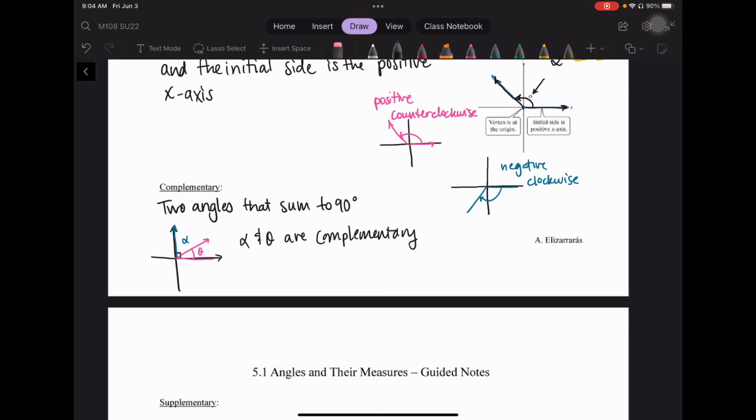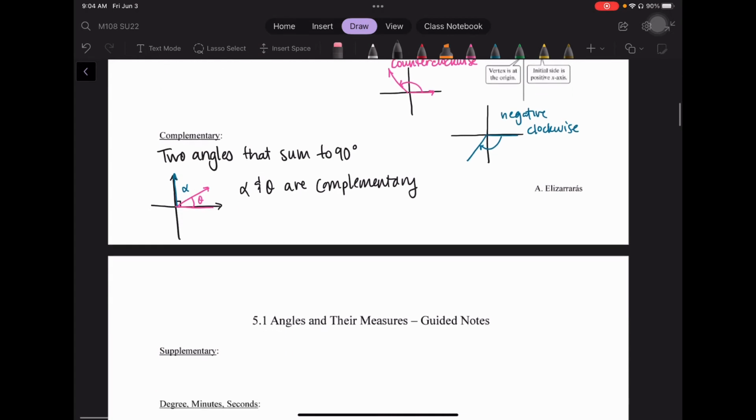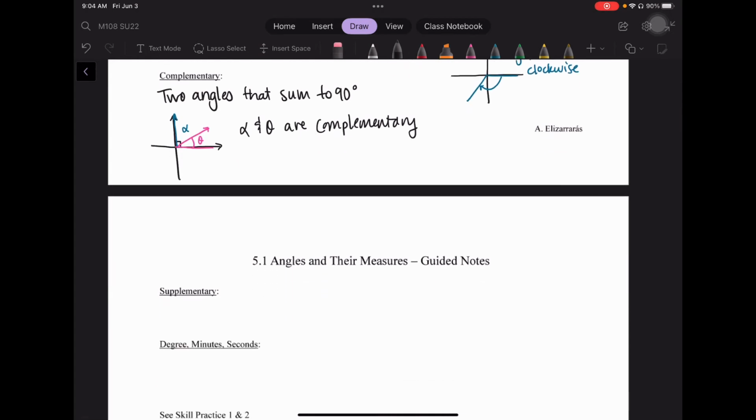Sometimes I hear people say complementing is the right thing to do. That helps you remember that complementary is 90 degrees. Supplementary is 180 degrees. So two angles that sum to 180 degrees. That's a straight line.